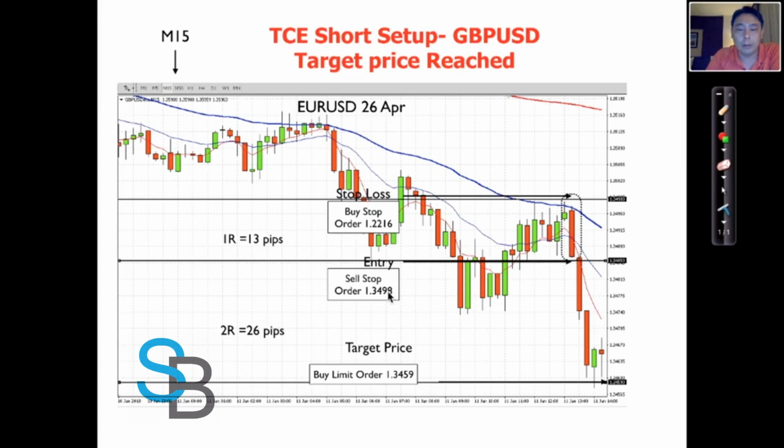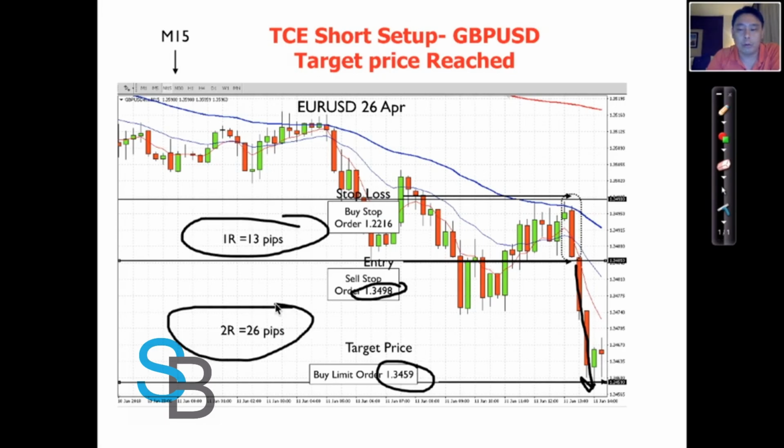It triggered our order and proceeded to hit our profit target at 3459. All right, so again, it was a 1 to 2 risk to return ratio. So this was on the pound dollar, right? It's a bit of a typo here. So it's pound dollar on the 11th of January.